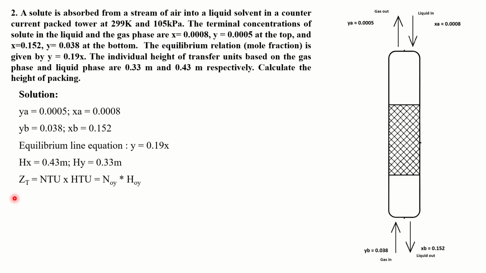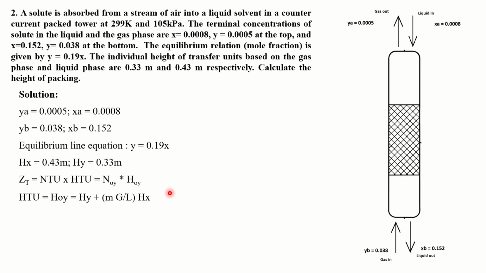So for calculating height of packing Zt, you need to find out NOY and HOY. One by one, let us see how to find out NOY and HOY, and from there how to calculate height of packing.